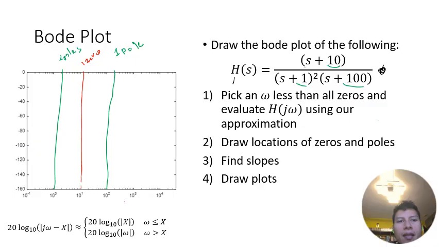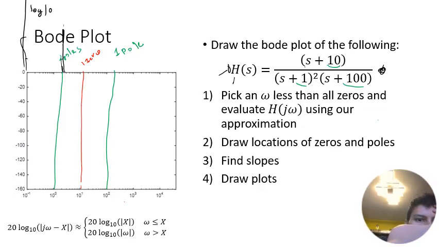Now if we look at this expression, if we use our approximation in this subregion, we're going to approximate our frequency response as log of 10 minus the absolute value, well, all of this times 20.